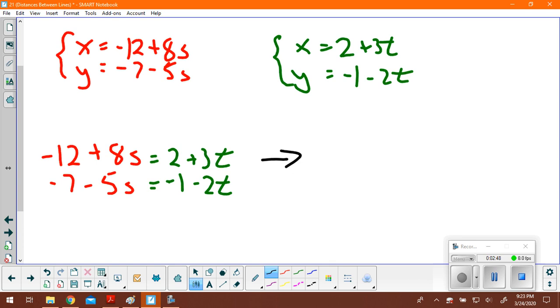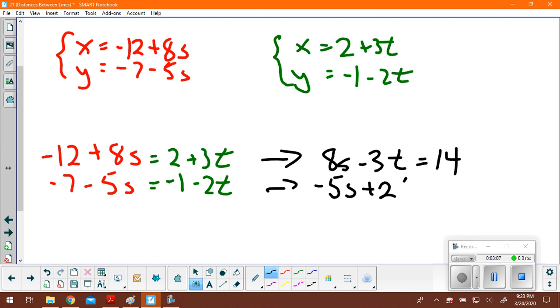If I bring the variables to one side, my first equation would be 8s minus 3t, and when I bring the -12 over, I get positive 14. For my other equation, I'll bring the t over, so I have -5s plus 2t, and when I bring the -7 over, that turns into positive 6.